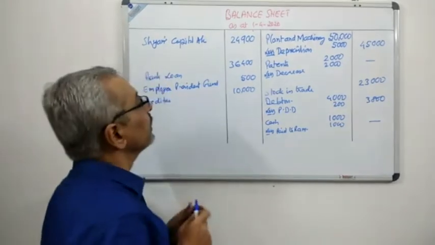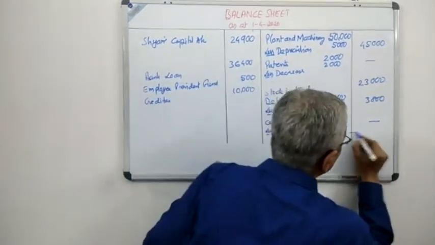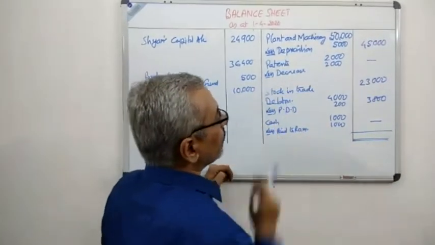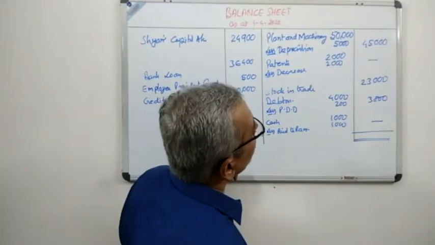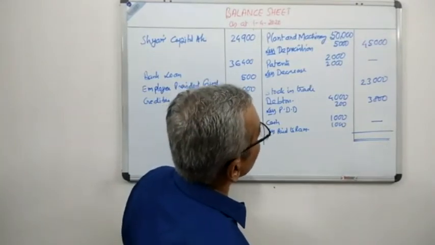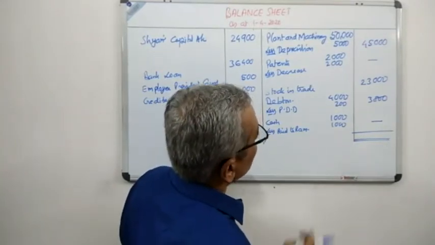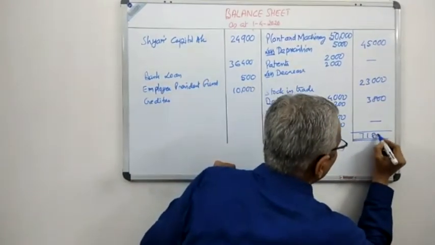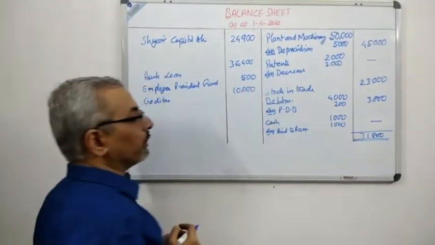Now let us see what is the total in the asset side, and then we'll go to the total of the liability side. 45,000 plus 23,000 gives us 68,000. 68,000 plus 3,800 gives us 71,800. So total is 71,800.